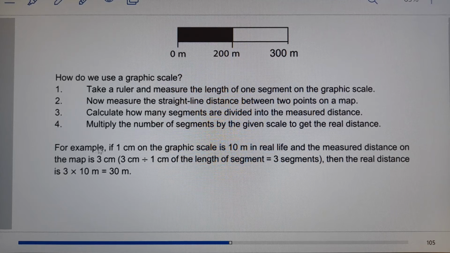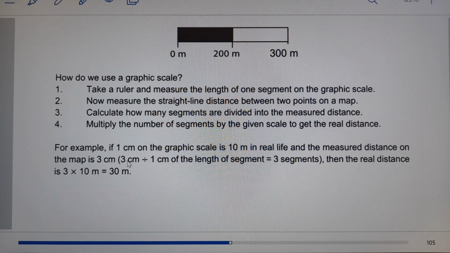They say, for example, if 1 centimeter on the graphic scale is 10 meter in real life, and the measured distance on the map is 3 centimeter.